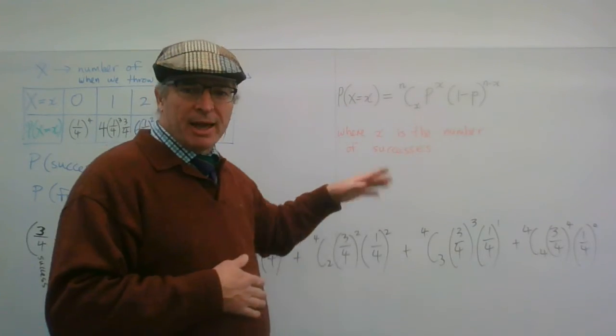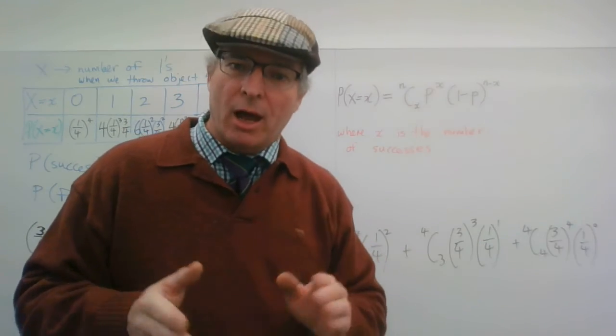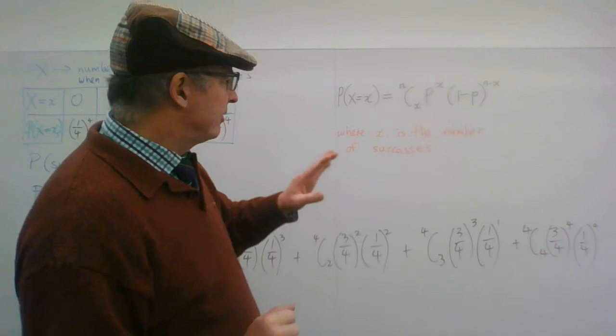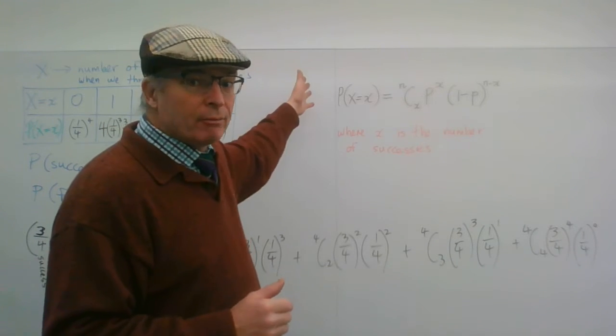So that's a formula. Do you need to learn that? Fortunately, no. It's written on your formula reference sheet for the HSC. However, they don't tell you what it means. It's just blankly written there.